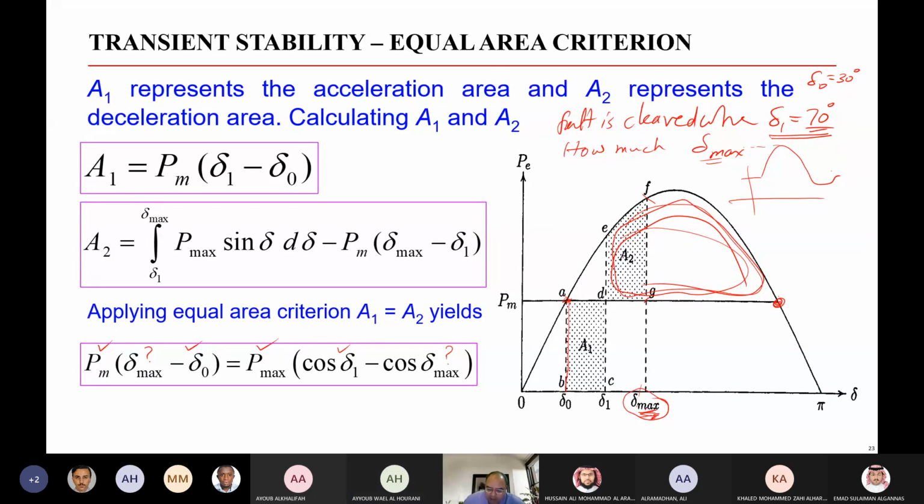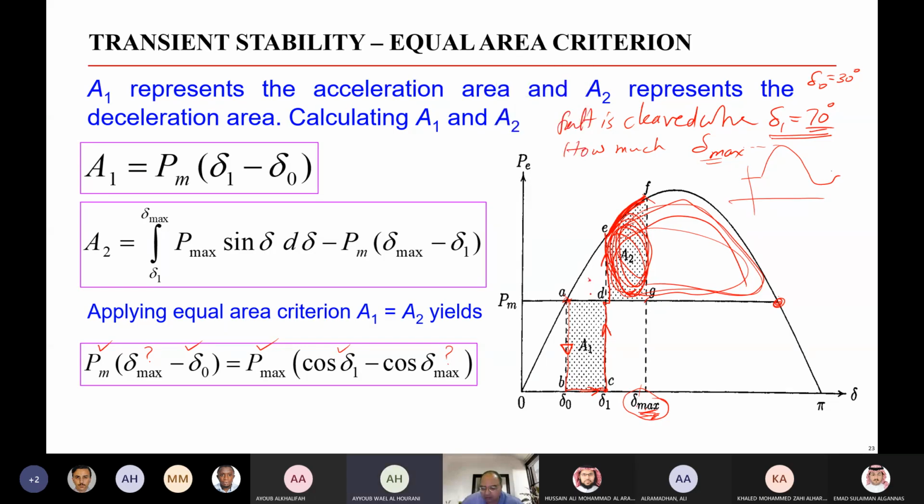Then the power becomes 0 here, and the angle increases. When we clear the fault here, this point will go up to the electrical power, and then it will move somewhere here due to the inertia. So this is the deceleration area where the deceleration occurs. Did you get the point?